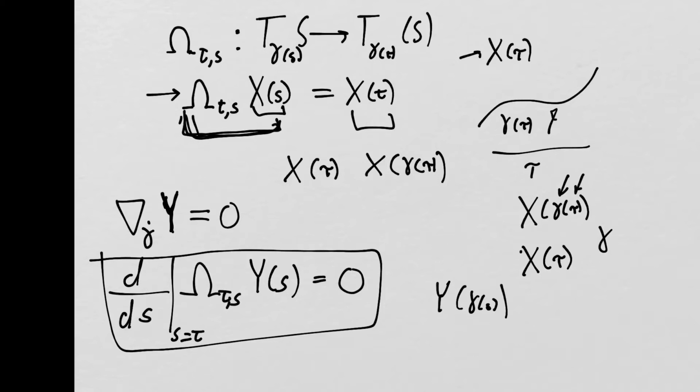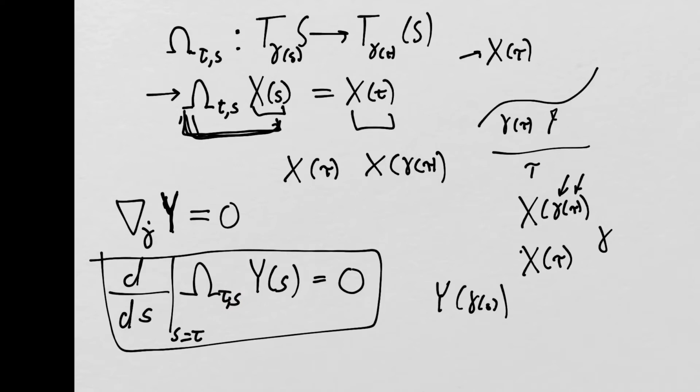And the operator itself is also a function of s, right? Because you have to choose s and t. So this is the rate of change of this object with respect to s, and it's evaluated when s actually equals t, which is the identity, by the way, right? Because omega of tt is going to be the identity.